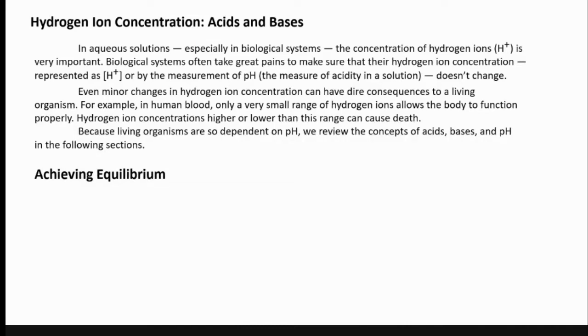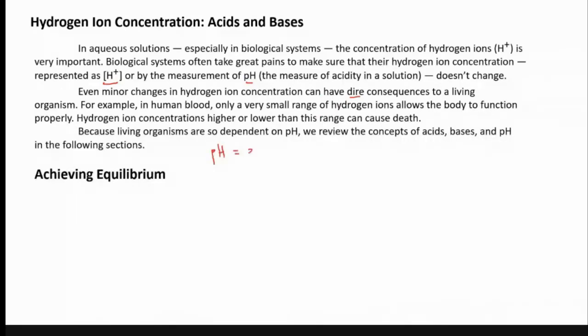Biological systems often take great pains to make sure that their hydrogen ion concentration, measured by pH, the measurement of acidity in a solution, doesn't change. Because if it changes, it can result in death.